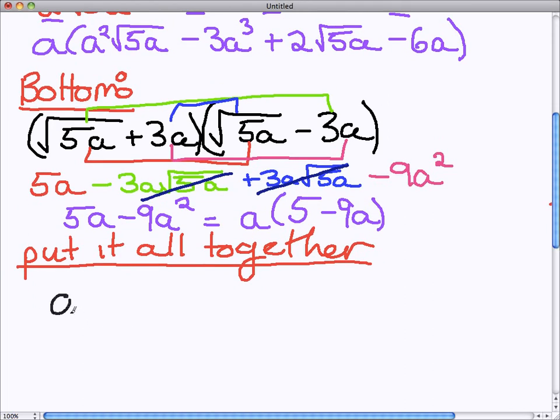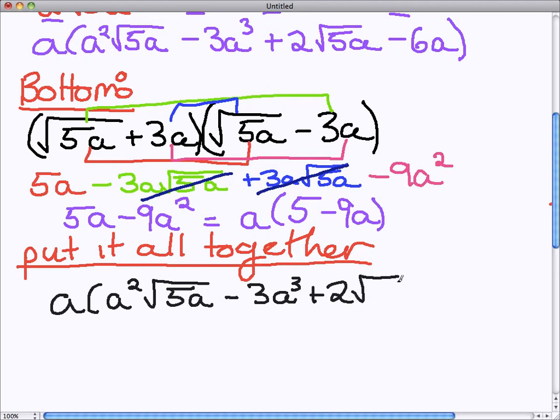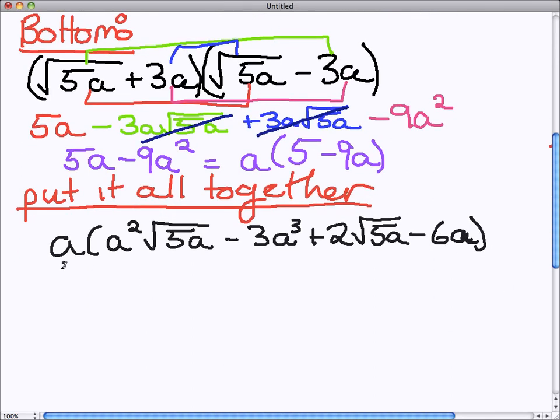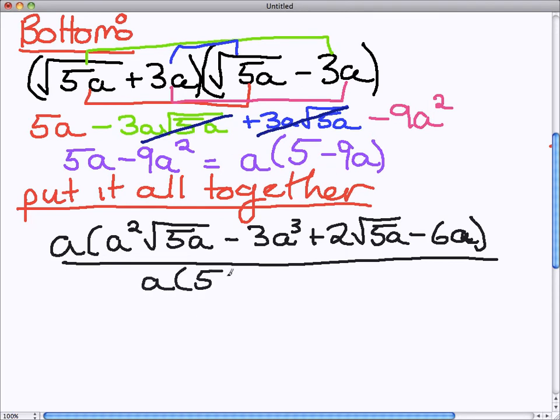Now we get to put it all together. We put our numerator on top. It's a lot of letters going on there, and I know it's hard to keep all those letters straight. Then on the bottom, we have our a times 5 minus 9a.